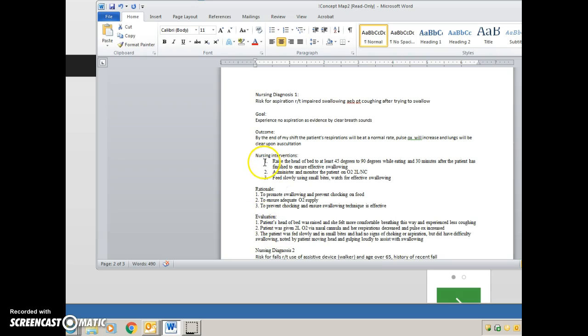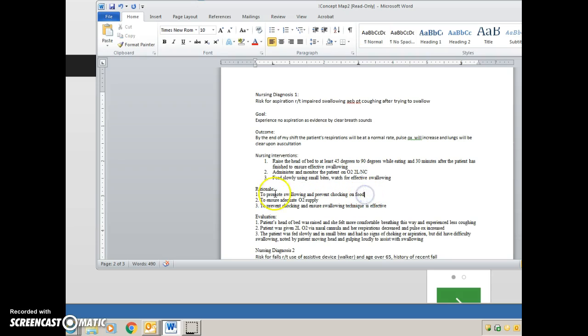And then let's just take one nursing diagnosis. Let's take the raise the head of the bed at least 45 degrees to 90 degrees while eating and 30 minutes after the patient has finished to ensure effective swallowing. Okay, promote swallowing and prevent choking of food.